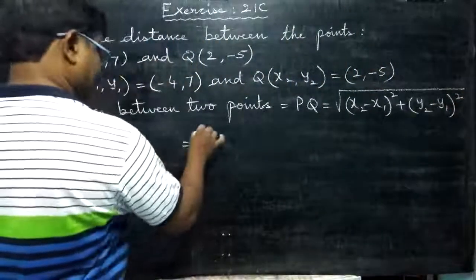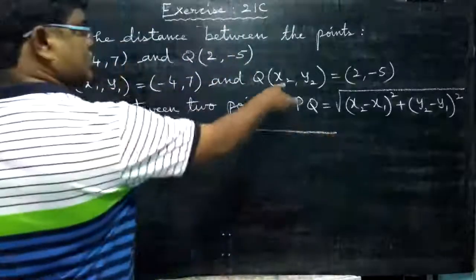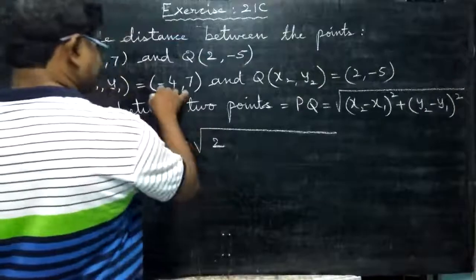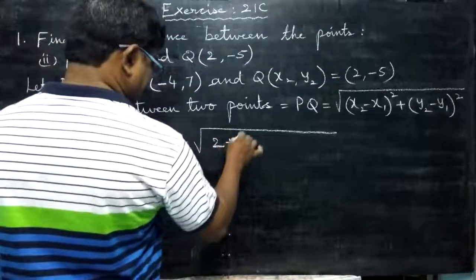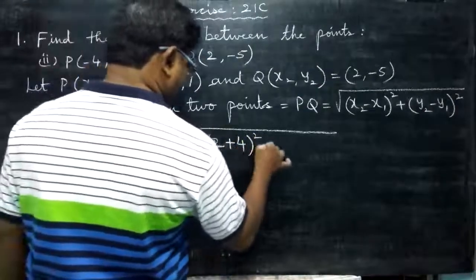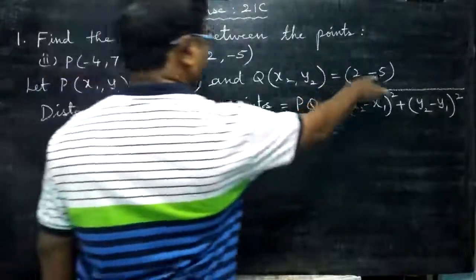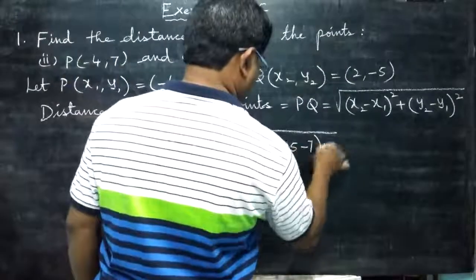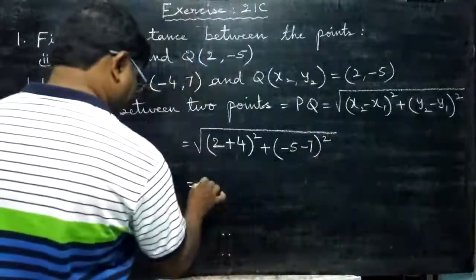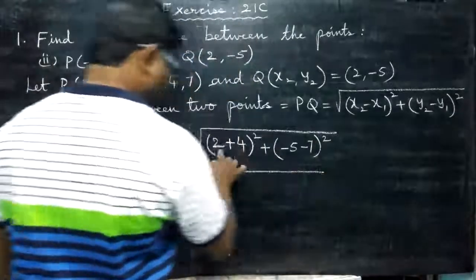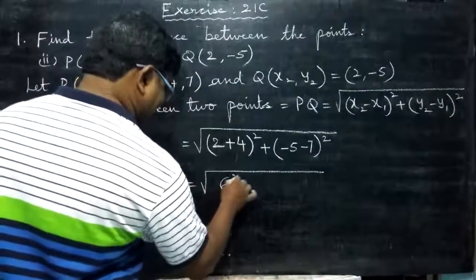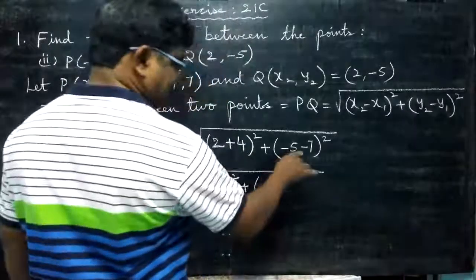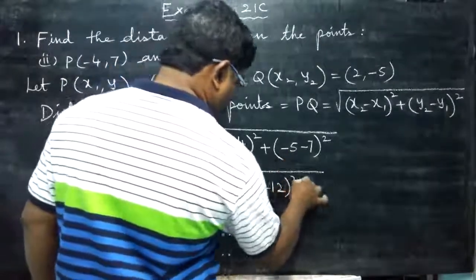That is equal to square root of, x2 is 2, minus of minus, minus into minus, plus 4, whole square, plus y2 minus 5 minus 7, whole square. That is equal to square root of 2 plus 4 is 6, 6 square, plus minus 12, because minus 5 minus 7 is minus 12, whole square.